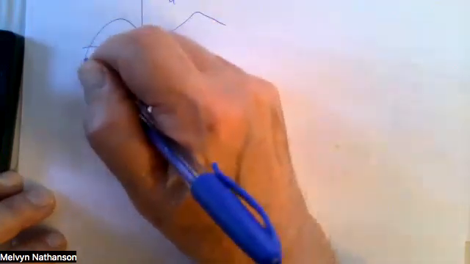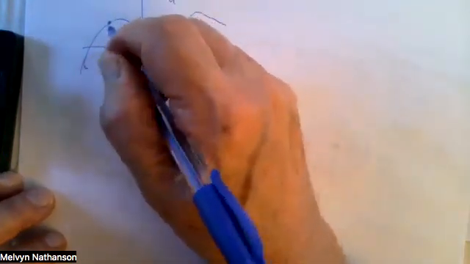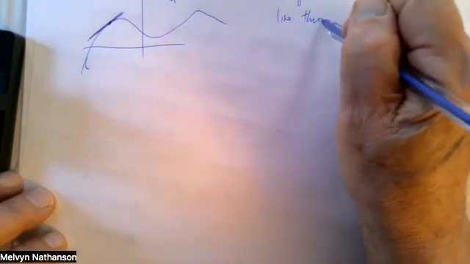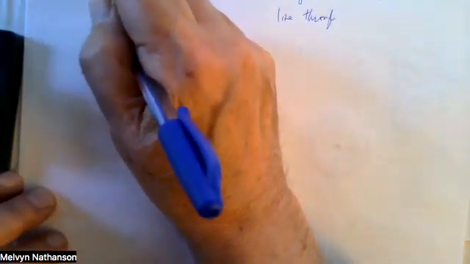And at any point on the curve, if you want to approximate it by a tangent line, you have a tangent line at the point x naught, y naught equals f of x naught. This is the line through x naught, y naught with slope equal to the derivative of the function at x naught. Let me just write it as the derivative with respect to x at x naught.